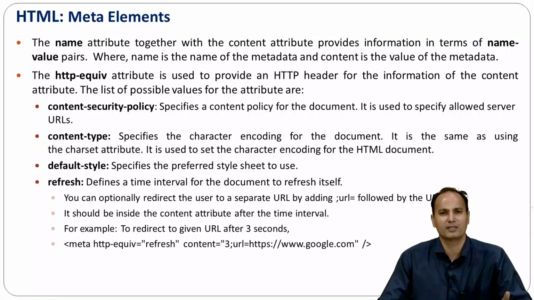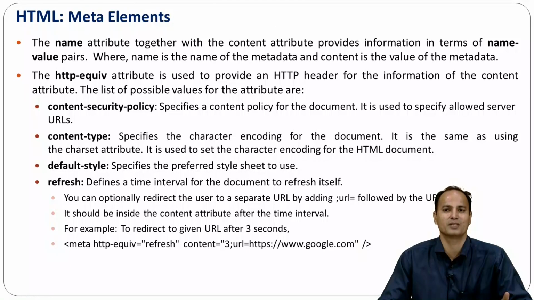The name attribute we have already seen is used with the meta tag to specify a name-value pair, where name is the name of the metadata and content is the value of the metadata. The http-equiv attribute is used to provide an HTTP header for the information of the content attribute. The possible values for the attribute are: content-security-policy specifies the content policy for the document.